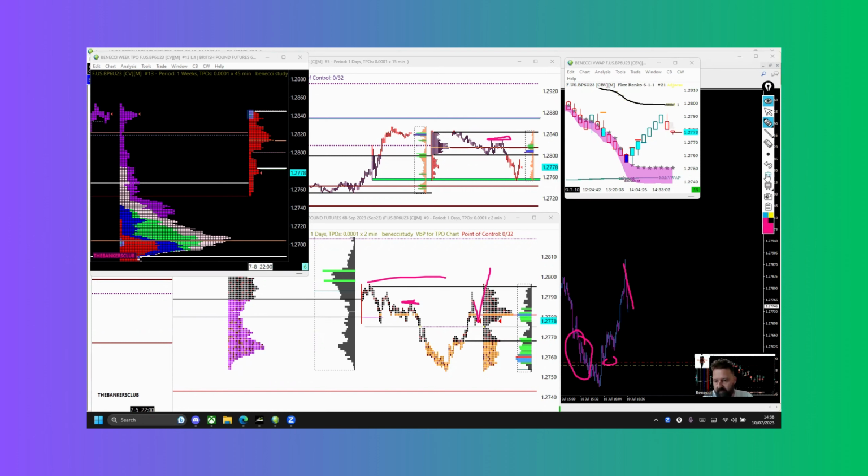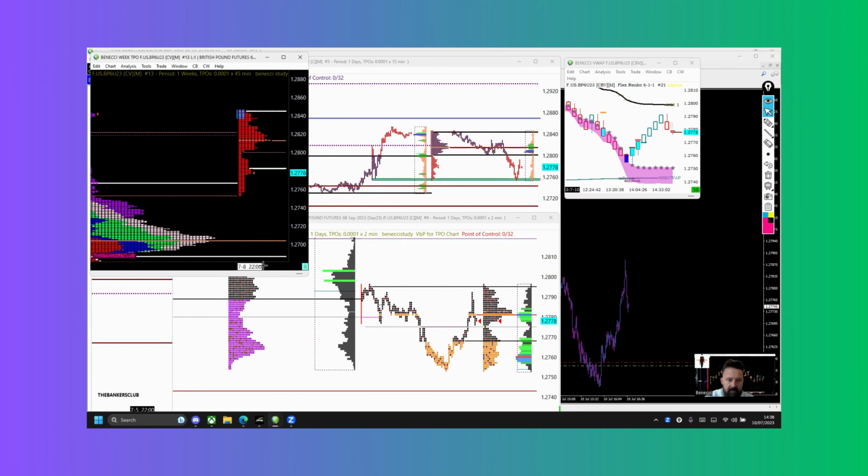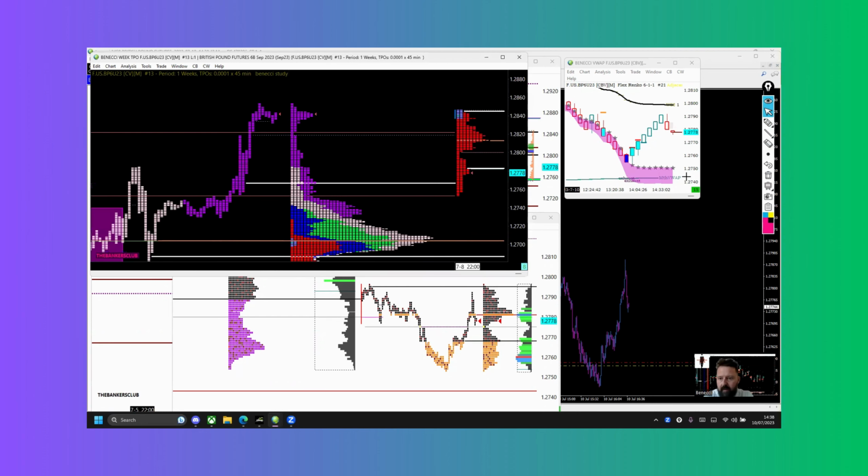Before I get into it, let me just draw out a few things for you to see straight away. Let's make this a bit bigger, and I'll draw this across. This chart here is the weekly profile, and we've got a value area here from last week. This little red line is how I set the charts up to show high volume nodes, with specific settings.